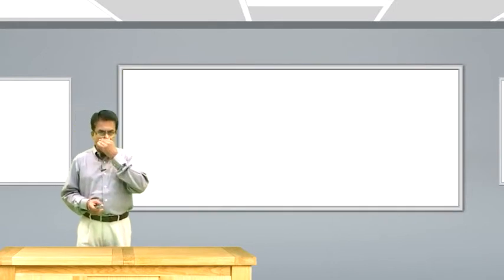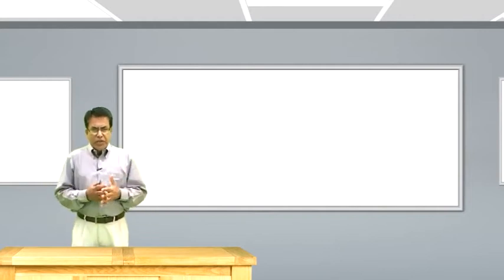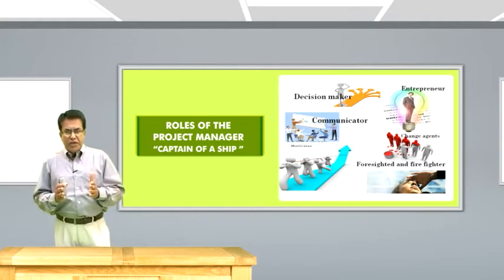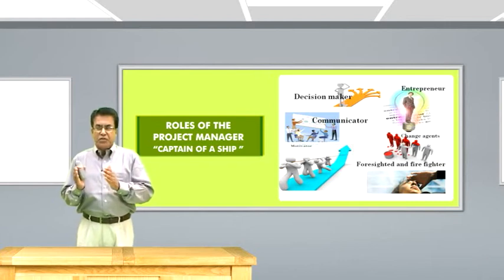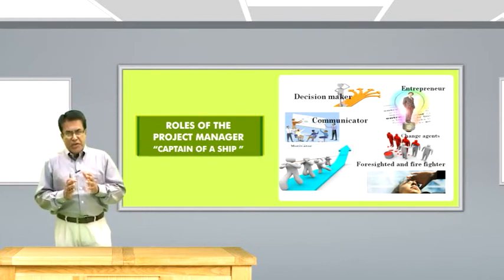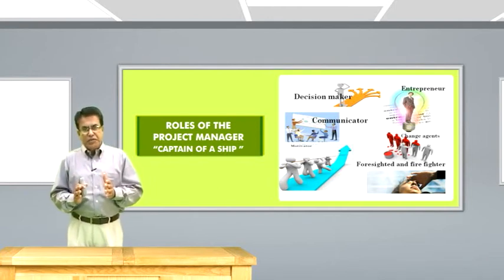Now coming to the role of a manager, there are different roles of a manager. So what is the most important role of a manager? As I told you earlier, a good manager is not the person who does everything. He is primarily a decision maker. A manager has to take decisions, probably every day, every moment.